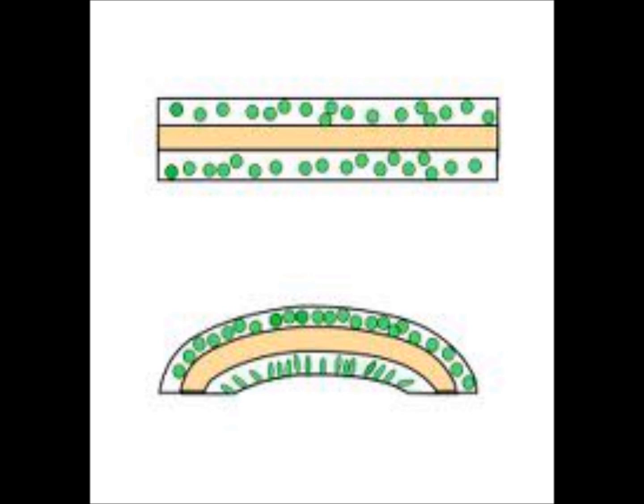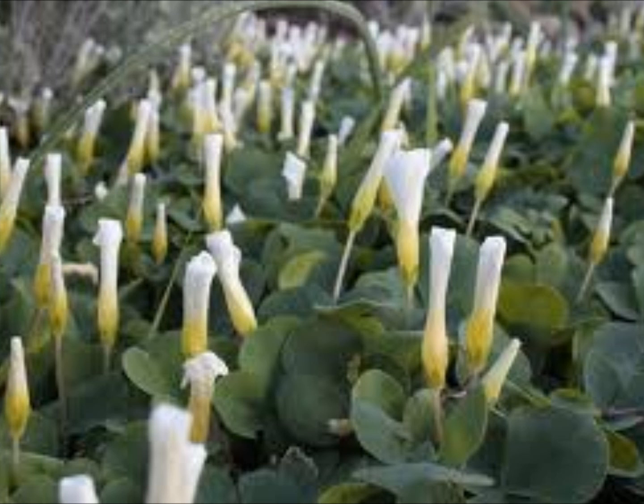A potted plant which is put in a room and gets light from this side will have shoot tips that grow and bend toward the light. So, tropism which is caused by light is called phototropism.